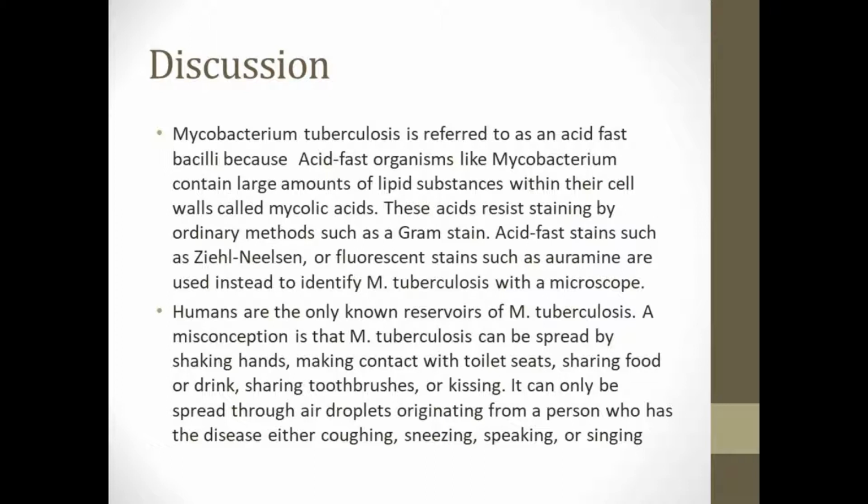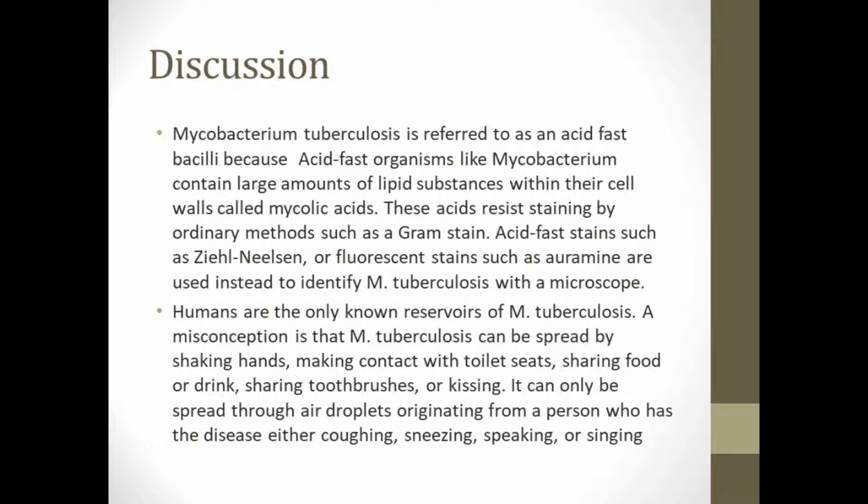This acid resists staining by ordinary methods such as gram stain. Acid-fast stains such as Ziehl-Neelsen or fluorescent stains such as auramine are used instead to identify Mycobacterium tuberculosis with the microscope.